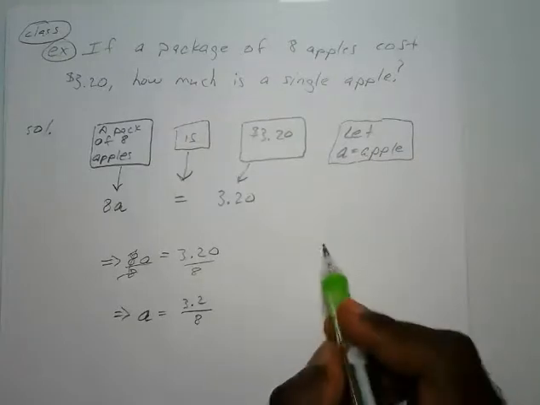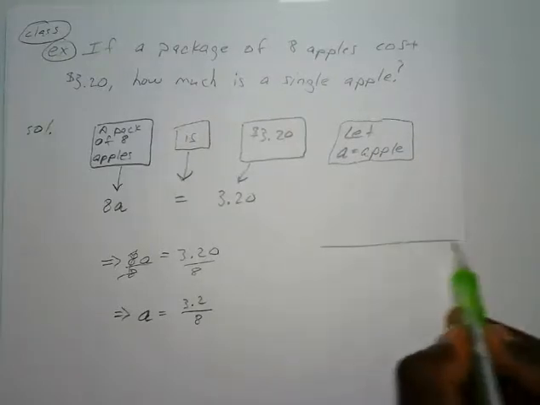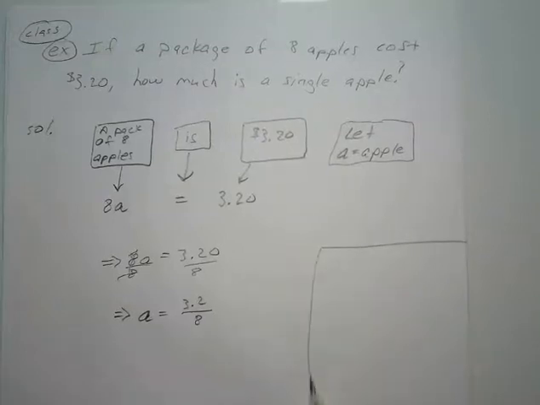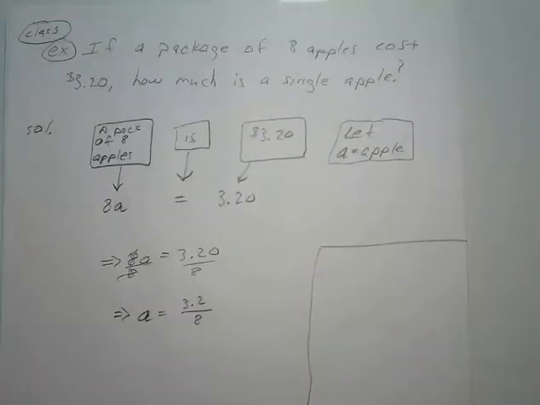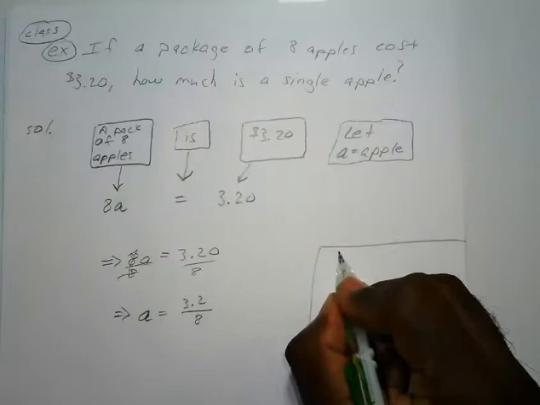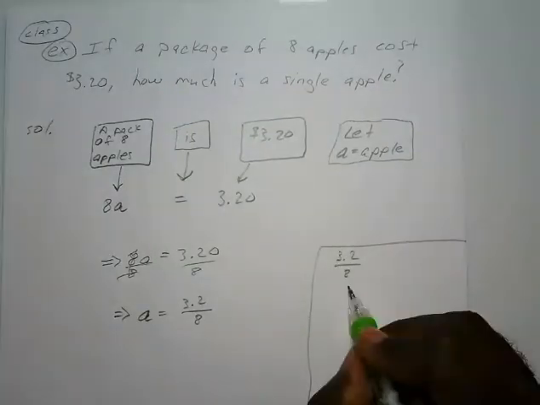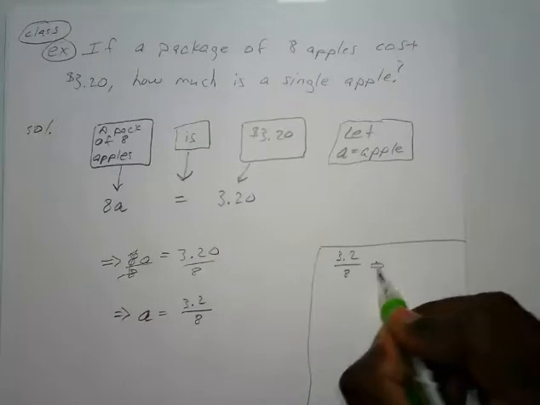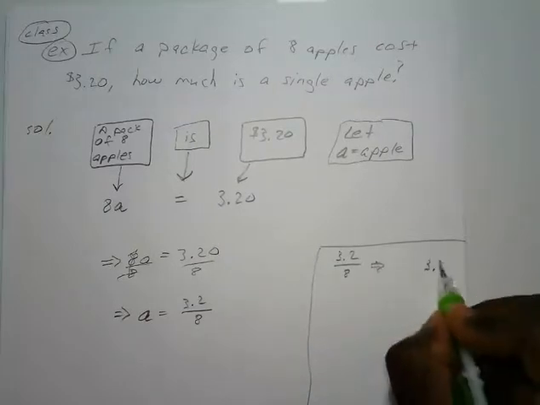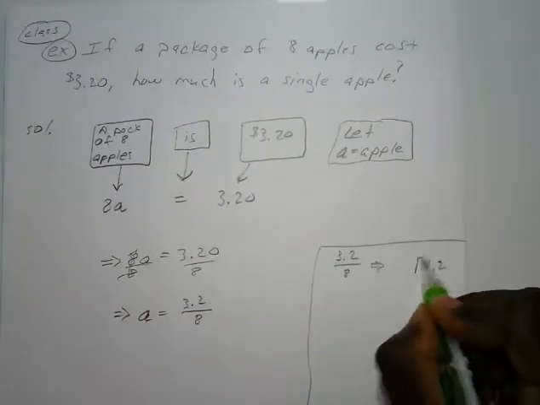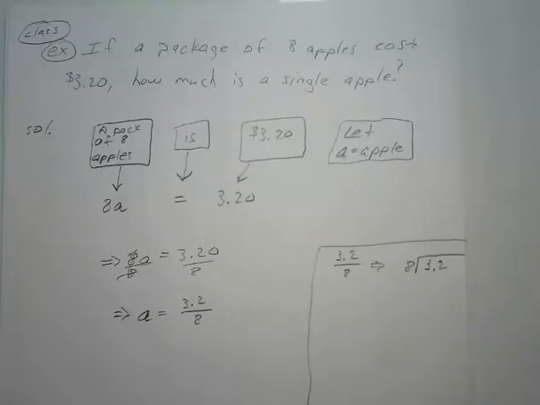Alright, and just in case you may have forgotten how to divide decimals, if we have 3.2 divided by 8, we're just going to rewrite that as 3.2 divided by 8.